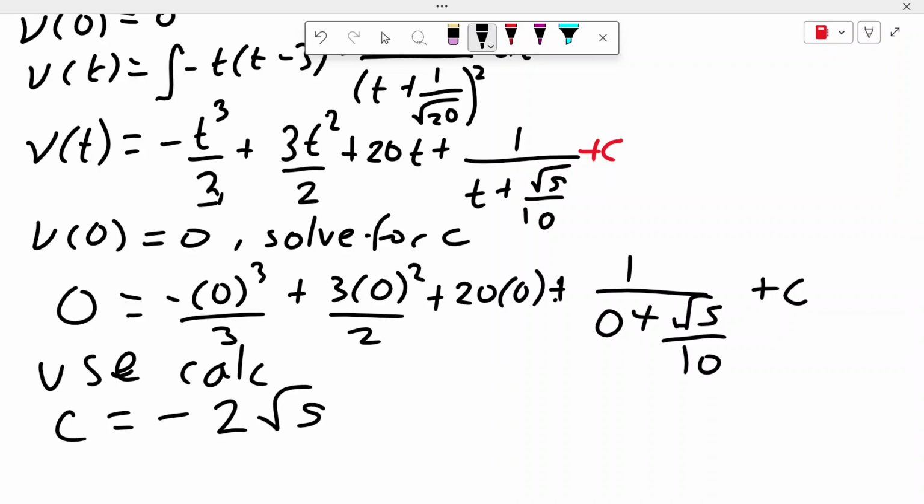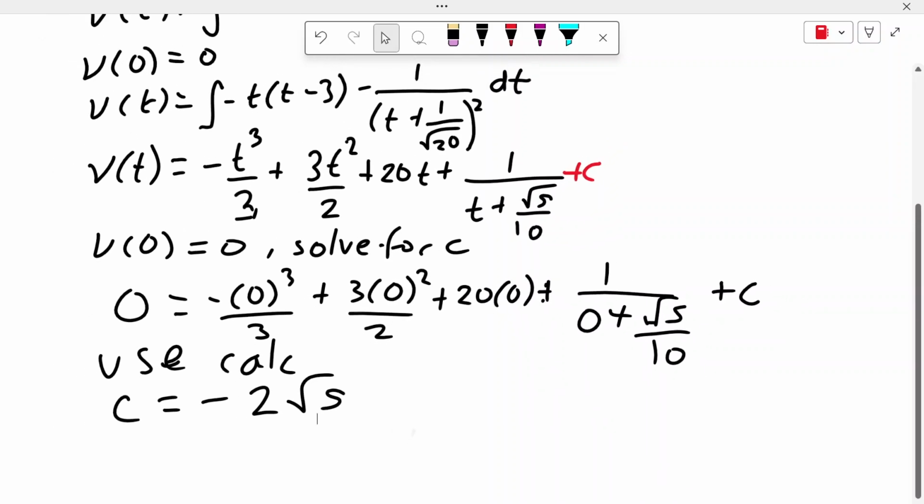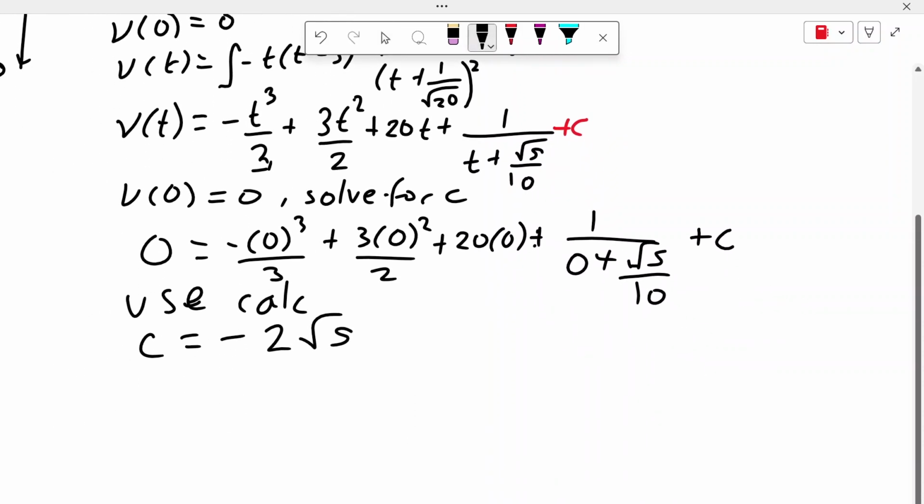All right, so now what we need to do is we've got the velocity. We need to find the maximum one, and that occurs when the derivative is equal to 0. So we can say that max velocity occurs, right?